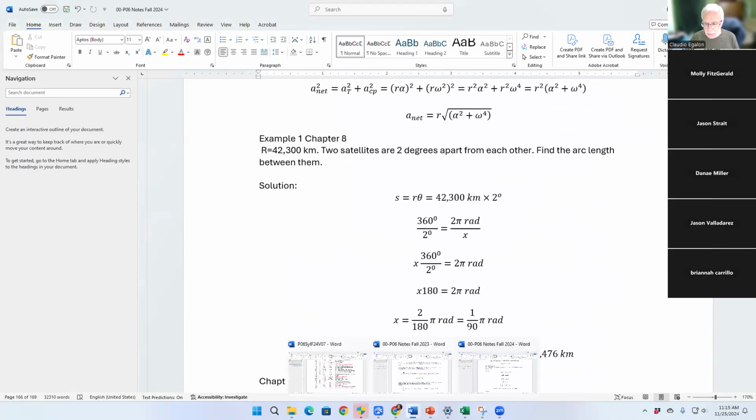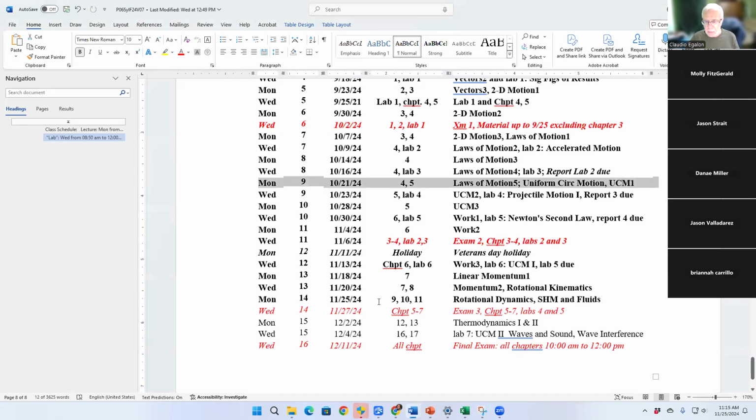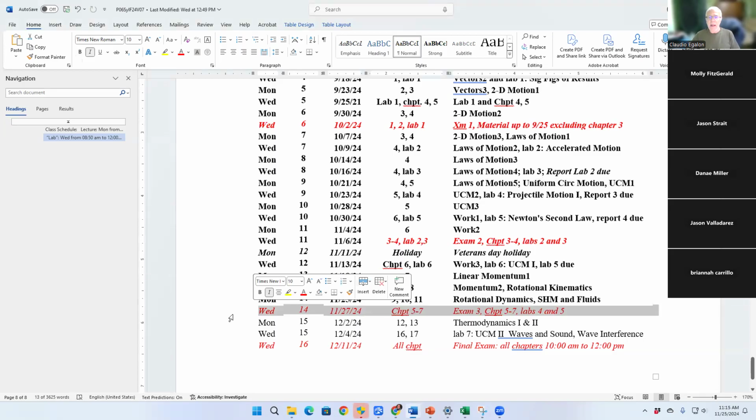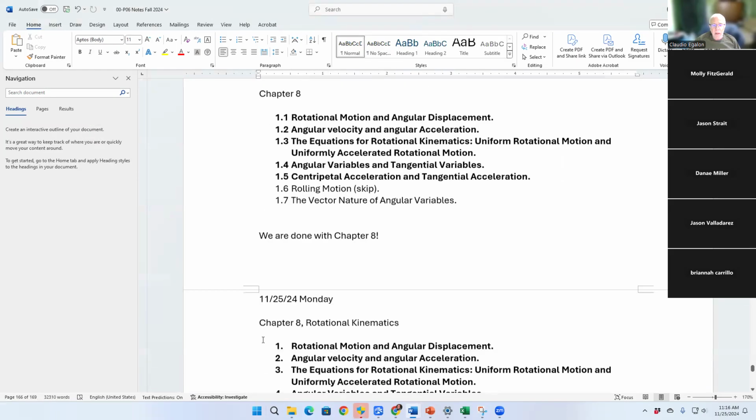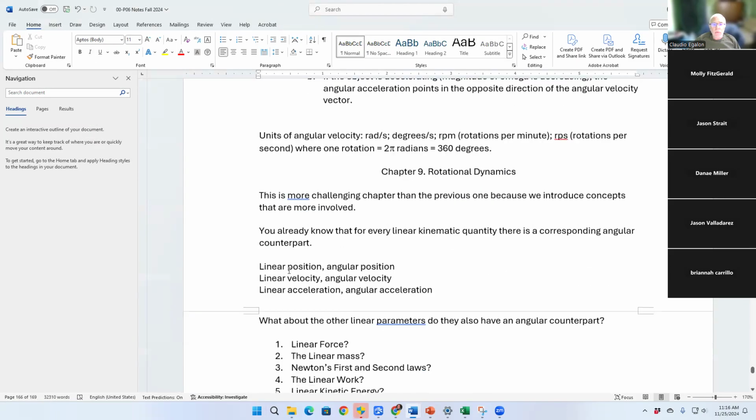Let's go back here to the syllabus. Yep. 5, 6, and 7. Chapter 5 is uniform circular motion. Chapter 6 is work and energy. Chapter 7 is linear momentum. And let's copy and paste all these chapters that we have for the exam review.